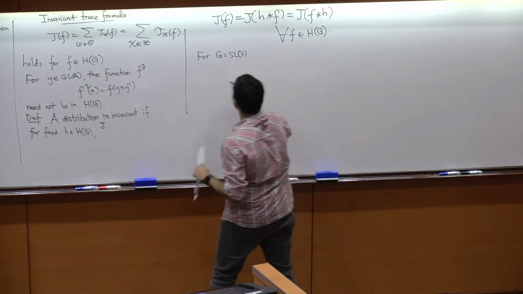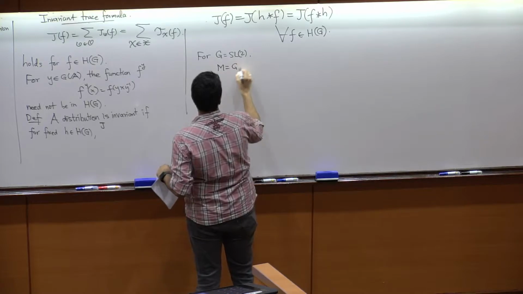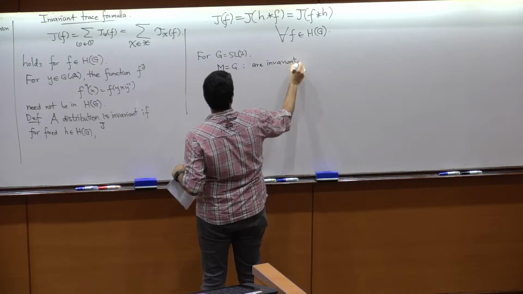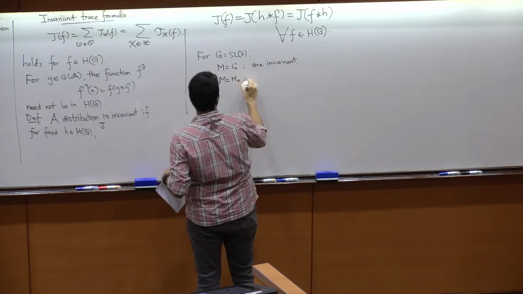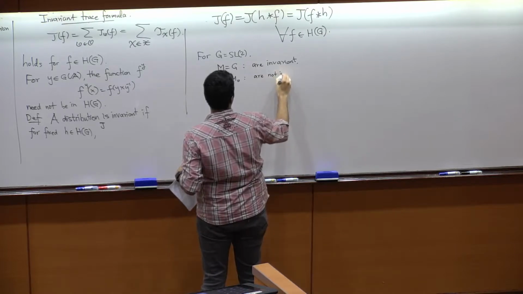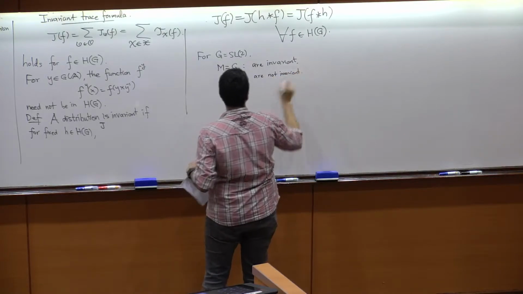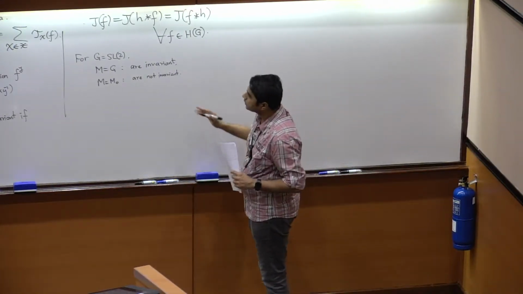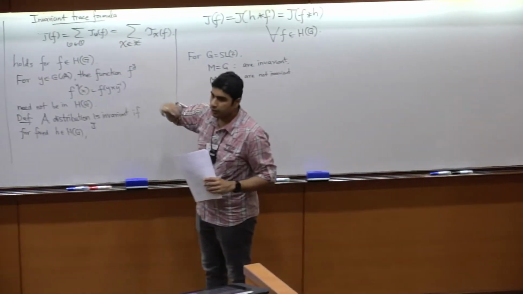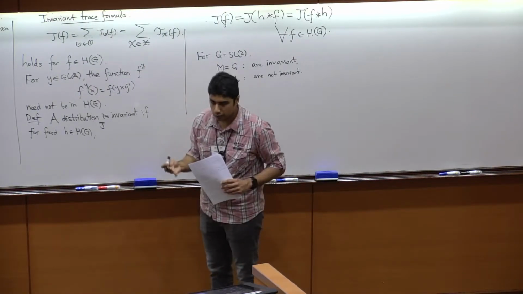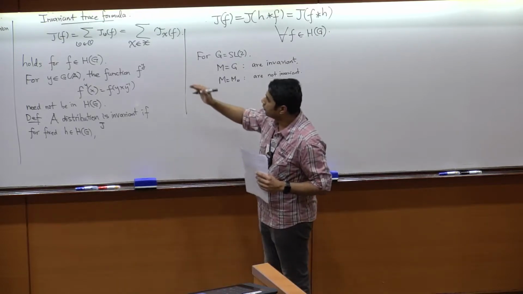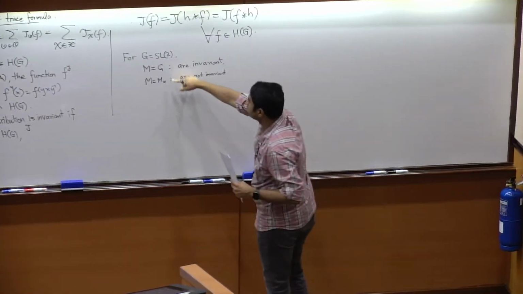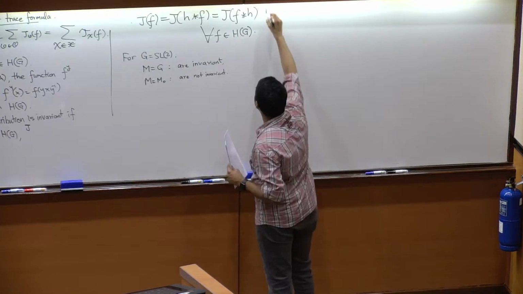Now for G equal to SL2, the terms with M equal to G are already invariant, and the terms with M equals M naught are not invariant. So we need to fix these. What Arthur does is modify the geometric expansion as well as the spectral expansion so that the terms are indexed by Levi subgroups, and then you can see explicitly the contribution of those Levi subgroups.